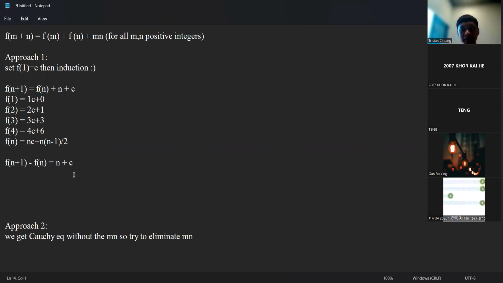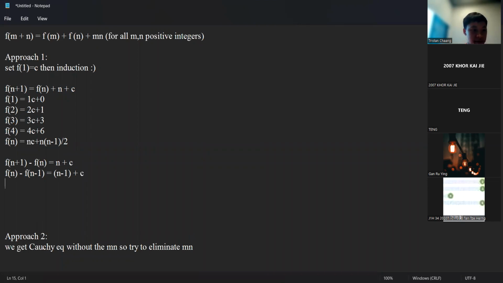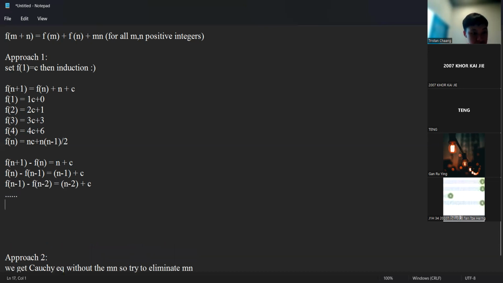And now I can just sum up everything: if I repeat the same formula, f(n) minus f(n-1), f(n-1) minus f(n-2) plus c, and so on, until f2 minus f1, that would be 1 plus c.